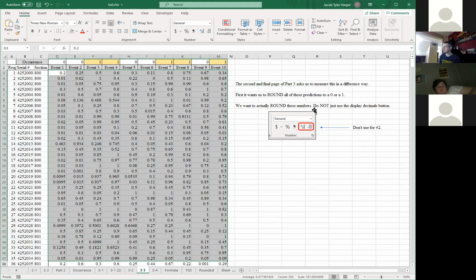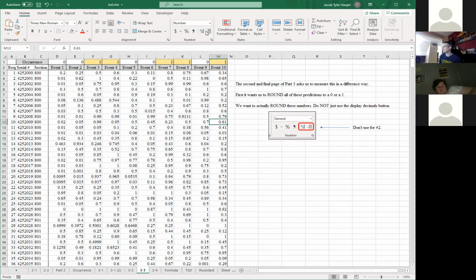You do not want to use the increase or decrease decimal buttons. Don't use this, because let's say I go to this cell here and I round it to a 1. That's not actually a 1. Look in the formula bar. It still says 0.61 there. It remembers that. So when you use these buttons, you are not changing the value. It's just a display change that you're making.